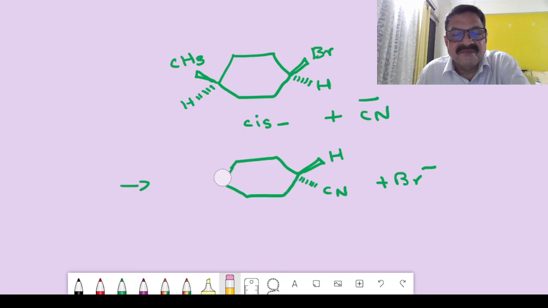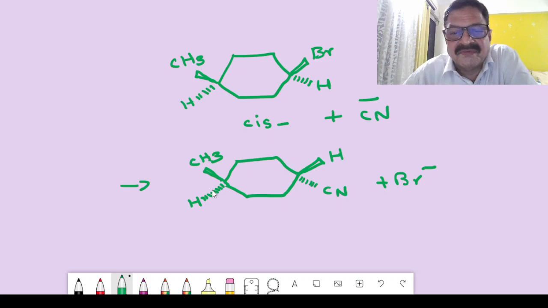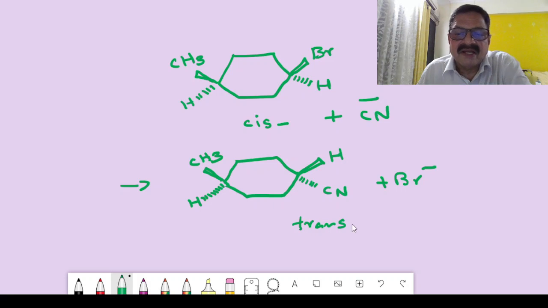So this will be a wedge here, the CH3 group here, same thing. Then this hydrogen is below the plane of the ring. So now the nucleophile has gone down below the plane of the ring, and this has become a trans configuration. The hydrogens are trans to each other now. There is inversion.